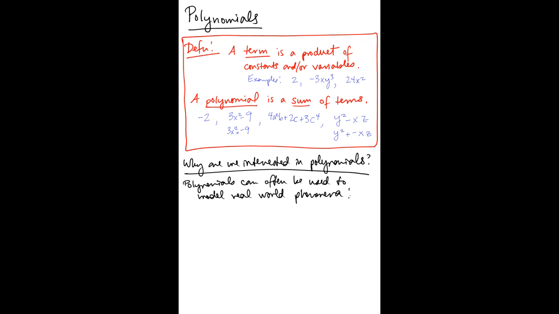For example, the position or speed of a falling object can be modeled by polynomials.